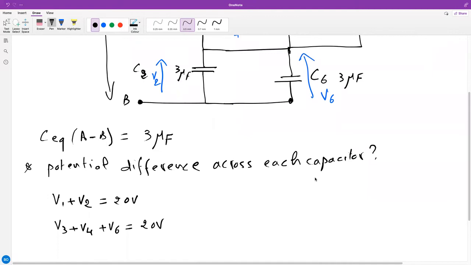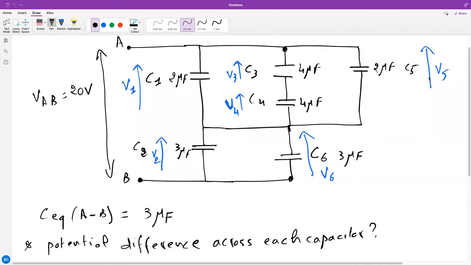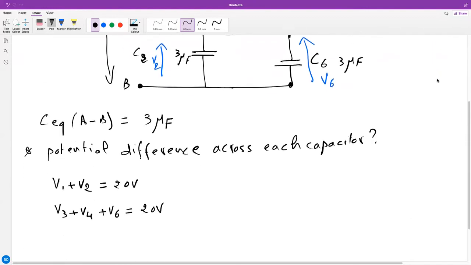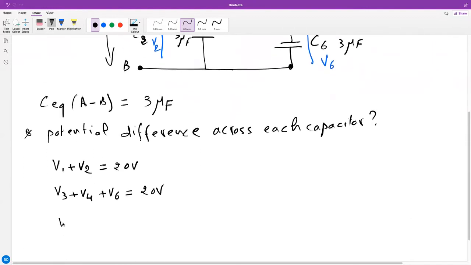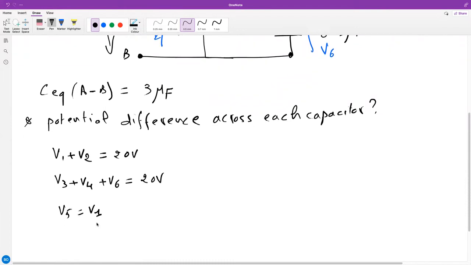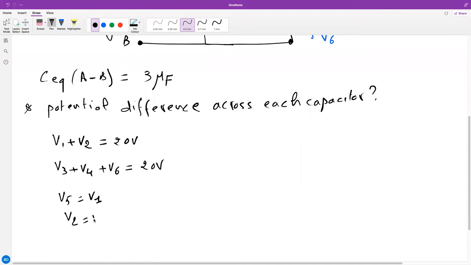And we know that the potential difference V5 is equal to the potential difference V1, because the C1 branch is parallel to the C5 branch. So V5 is equal to V1, and also V2 is equal to V6.